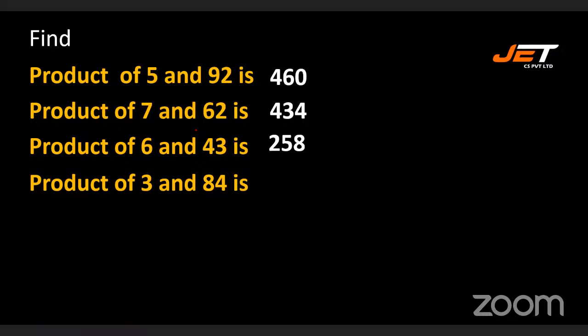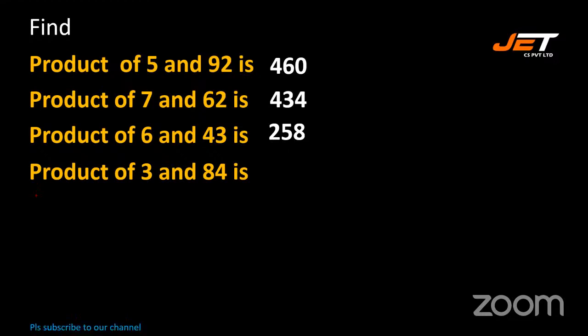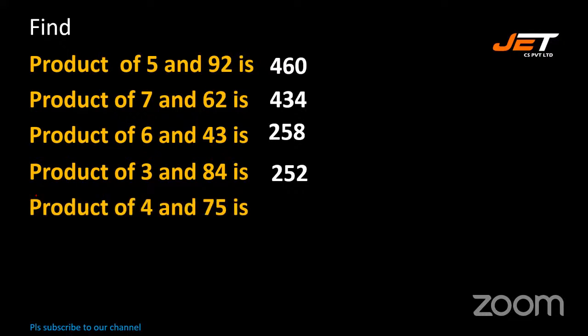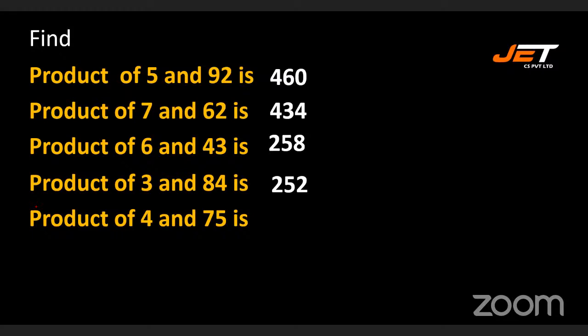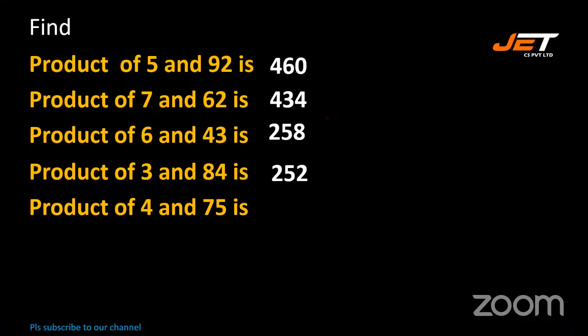3 and 84. What's the product of 3 and 84? Come on, let's do this. So 3 and 84, 252. Product of 4 and 75. 4 and 75. 300.